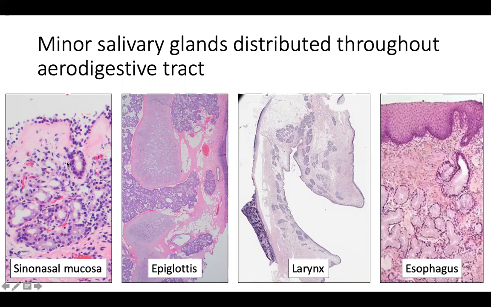So here we have a little sinonasal mucosa where we see some salivary glands. This is the epiglottis. And if you remember from my larynx lecture last year, it is fenestrated. So these are the fenestrations in the epiglottis. And in this case, we see a bunch of salivary gland tissue here in the fenestrations. Here we have the larynx, we have the true vocal cord here, and the false cord up top.